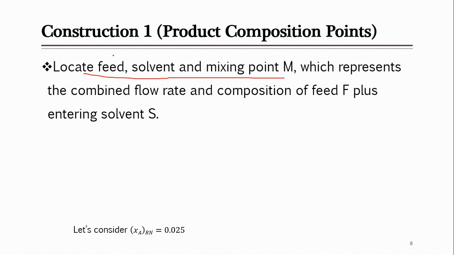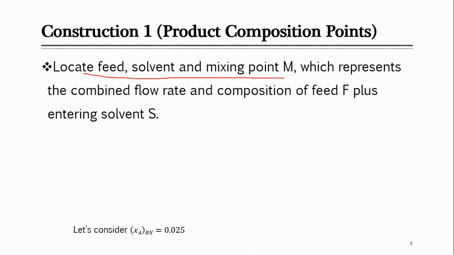Before locating these points, that diagram was available in terms of the binodal curve, that is, the miscibility data at equilibrium, and on that diagram now you can locate your feed, solvent and mixing point.